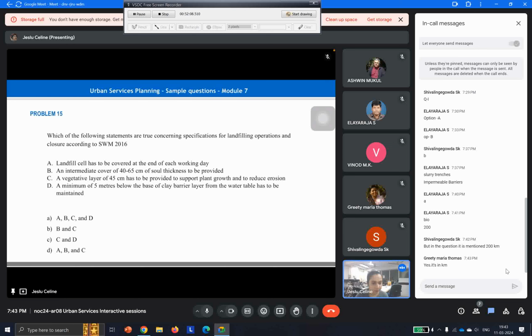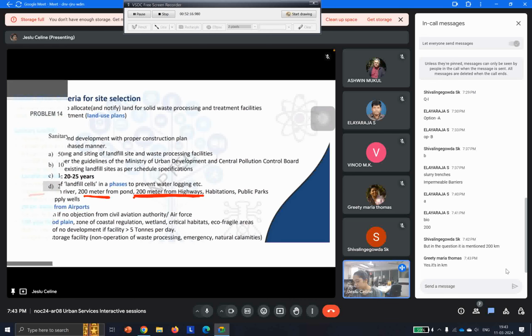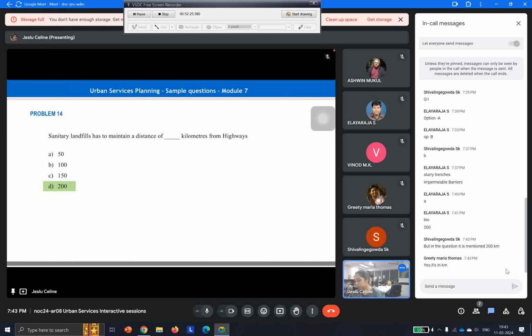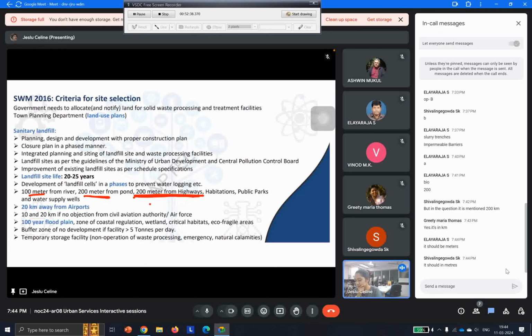Okay, I'm seeing something in the chat box, that in the question it is mentioned 200 kilometers from highways. Hmm. Okay, let me confirm whether it's a typing mistake.